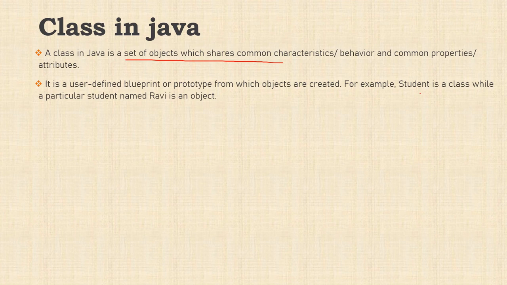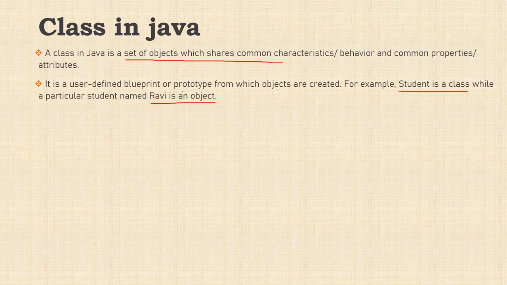For example, student is a class. We are going to take another example of student. A student is a class, while a particular student named Ravi is an object, same as the dog example. So here student is a class and Ravi will be the object of that class.